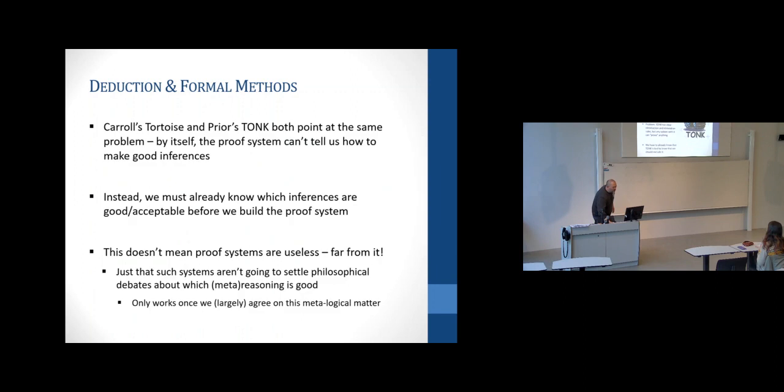So again, what have we done? Harold's tortoise and Pryor's Tonk both push us towards the same broad point. By itself, a proof system isn't going to tell us how to make good inferences. By itself. That's the important thing here, right? It's that clause. By itself.